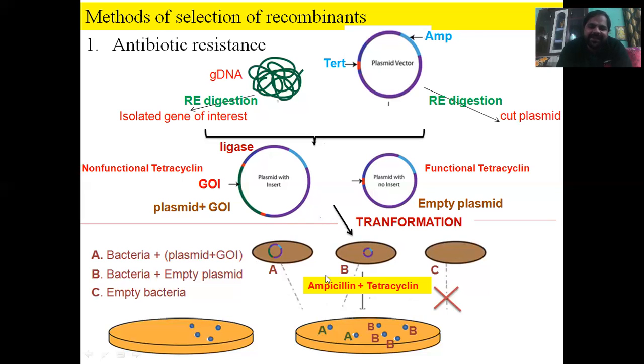But A type colony will not grow, because due to the insertion of this gene, these bacteria will not be able to grow in tetracycline medium.